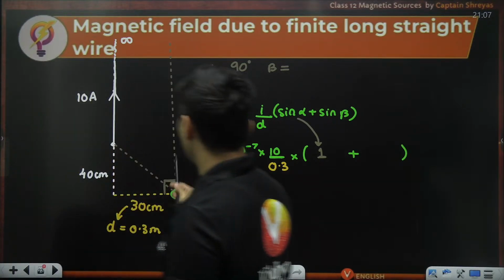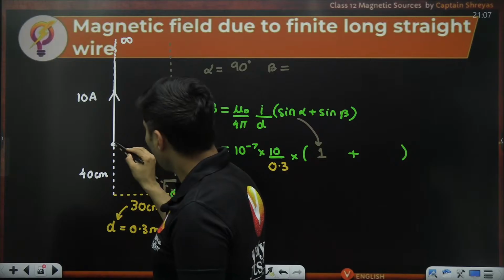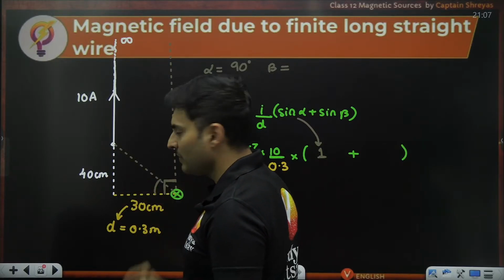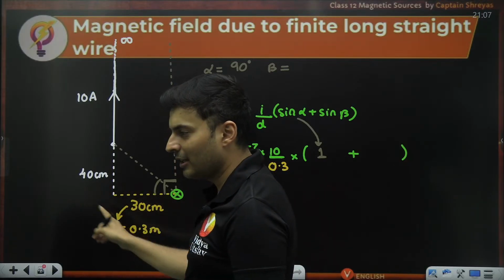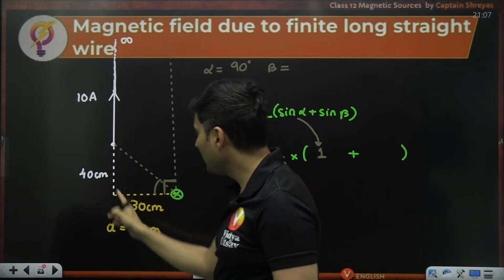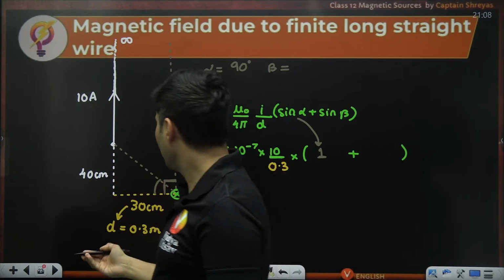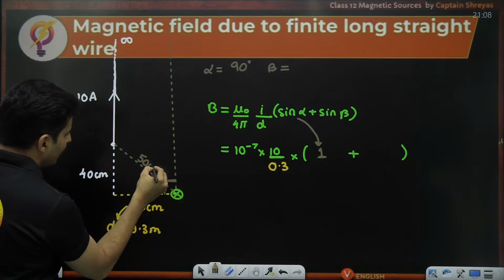What about the next number, beta? Well, think carefully. With the other end, with the perpendicular, this angle is basically beta. I think this is a familiar triangle to me: 30, 40, this will be 50, 3, 4, 5. This will obviously be 50 centimeters.